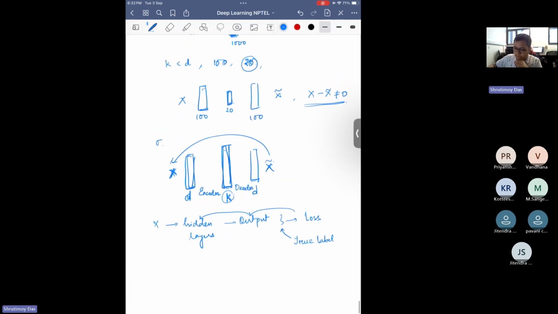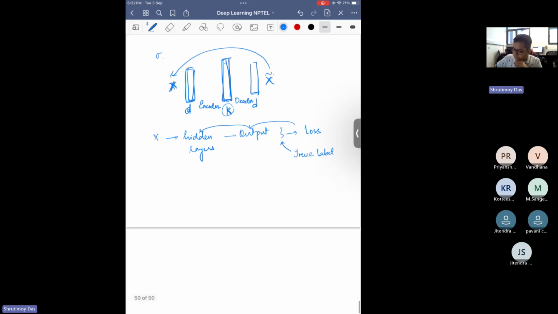If you look at some books, they will show some diagrams like this. So this is your encoder, and you have some hidden latent space here, and then you have some decoder, right?